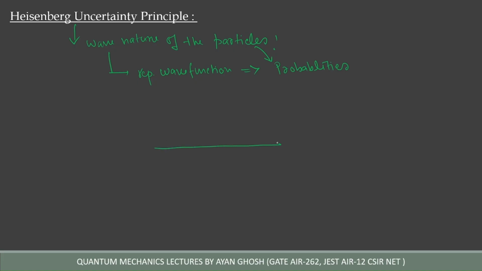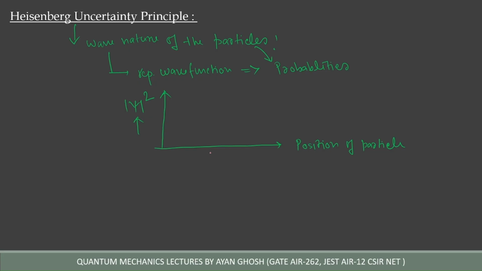Now let's see how uncertainty comes. So this is the x-axis, this is the y-axis. The x-axis represents the position of the particle, and the y-axis is the probability of the particle. When we talk about classical mechanics, the position of the particle is fixed.